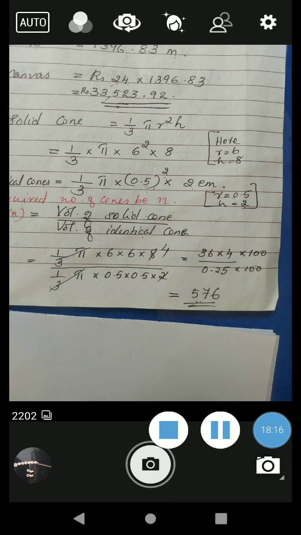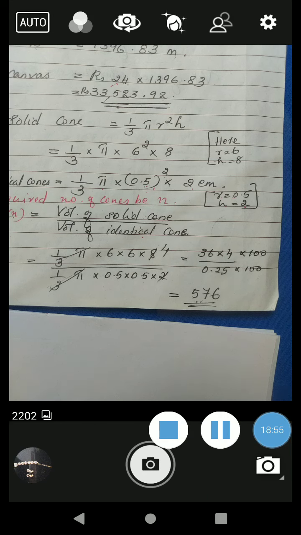Now 2 more questions, 11 and 12, are homework. Once again I repeat, the curved surface area of a cone is pi r l, where l is the slant height and r is base radius, and volume of a cone is 1 by 3rd of the volume of a cylinder, that is 1 by 3 pi r square h, and the total surface area is base area plus curved surface area, that is pi r square plus pi r l.